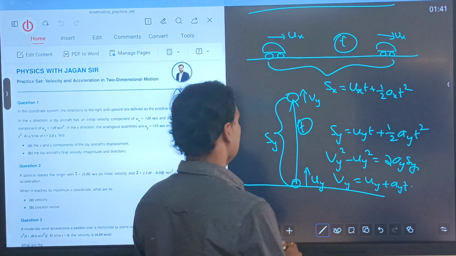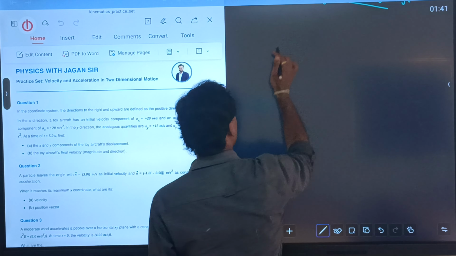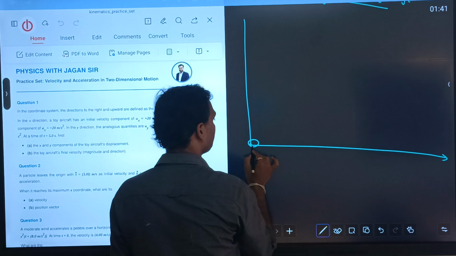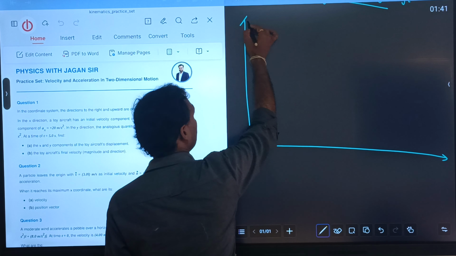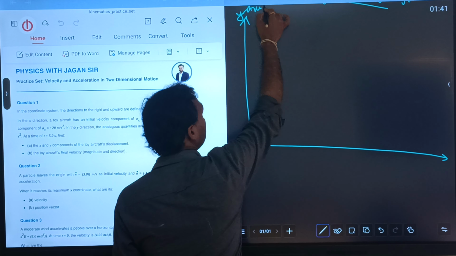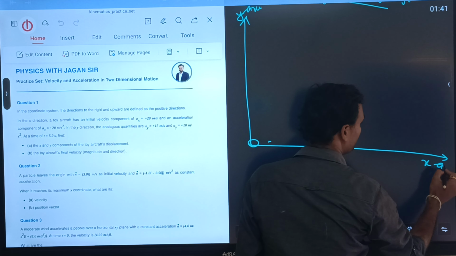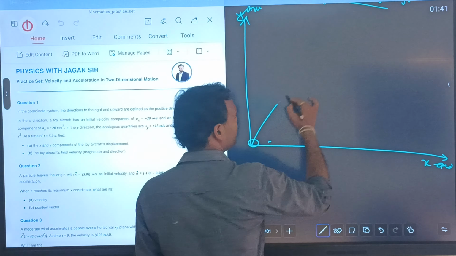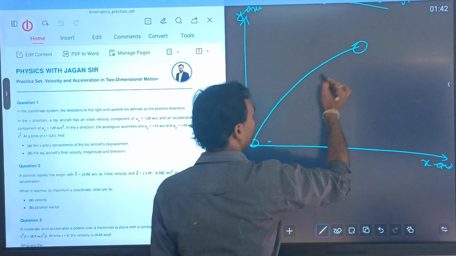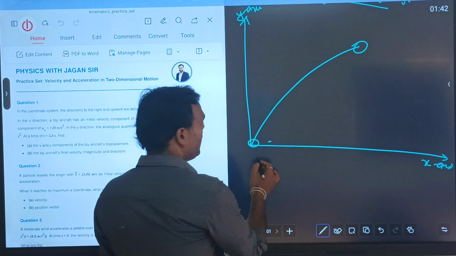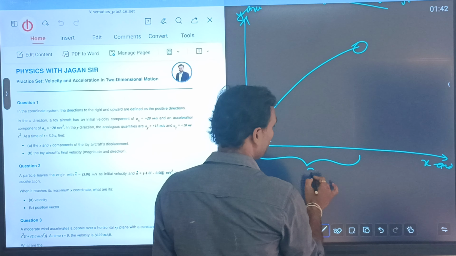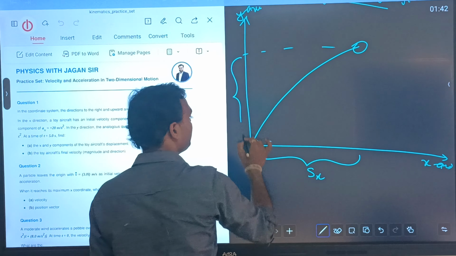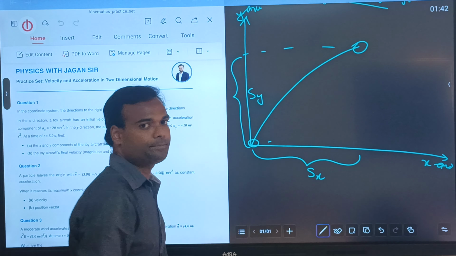Clear? Now let us see the case: suppose an object is present at this location, let it be the y-axis, let it be the x-axis. Now if the object is moving like this from this place to this place, on the x-axis its displacement is sx, on the y-axis its displacement is sy.